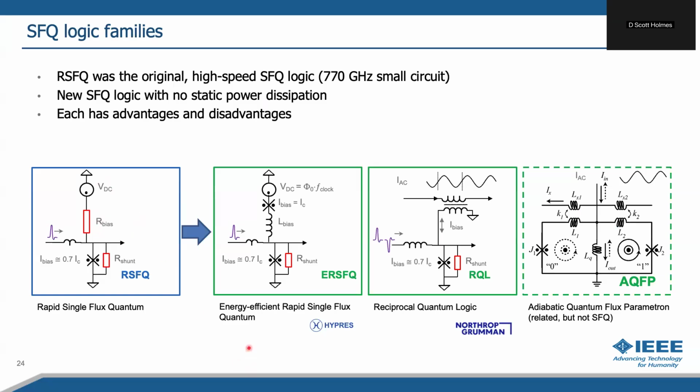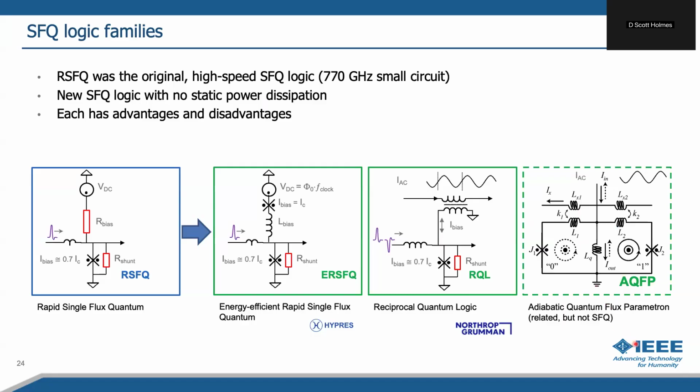There are more energy efficient approaches. ERSFQ came out of Hypres, and it uses a Josephson junction and an inductor to provide currents. There's a reciprocal quantum logic that uses an AC drive.